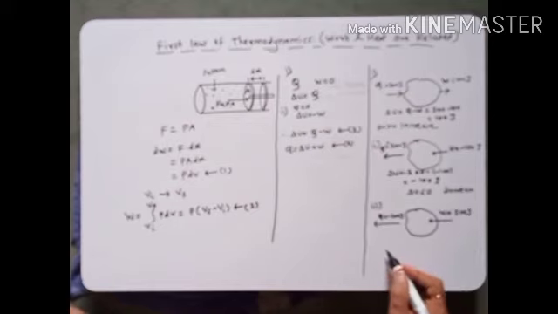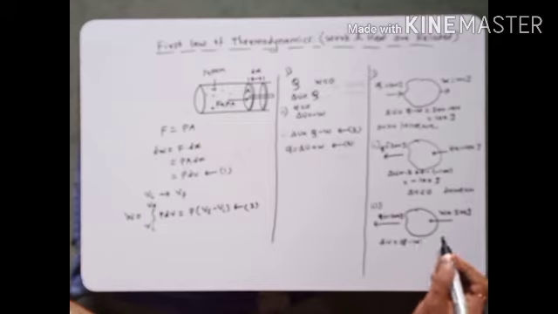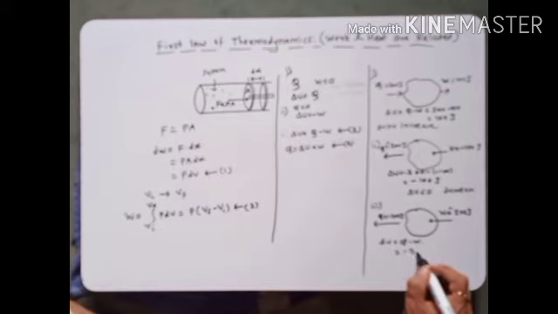Then delta U is equal to Q minus W, which is equal to minus 200 minus 200, which means is equal to 0, and delta U is equal to 0. No change in internal energy.